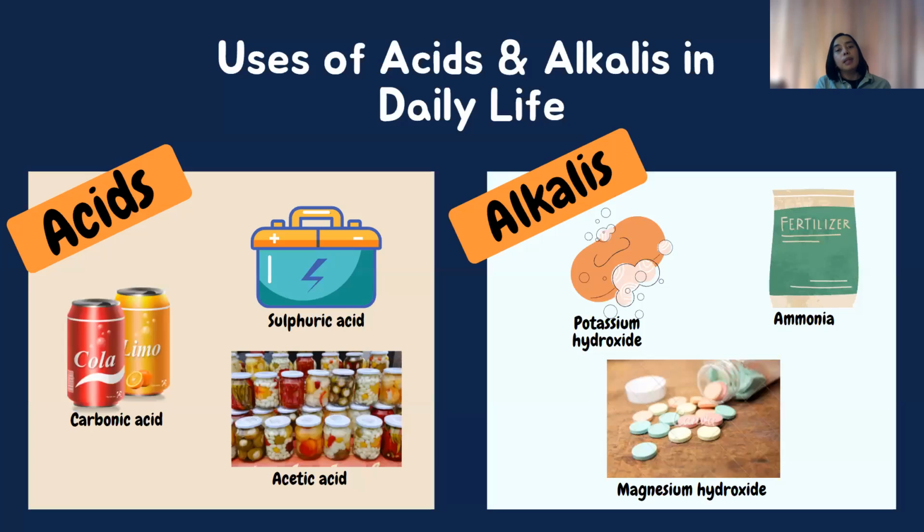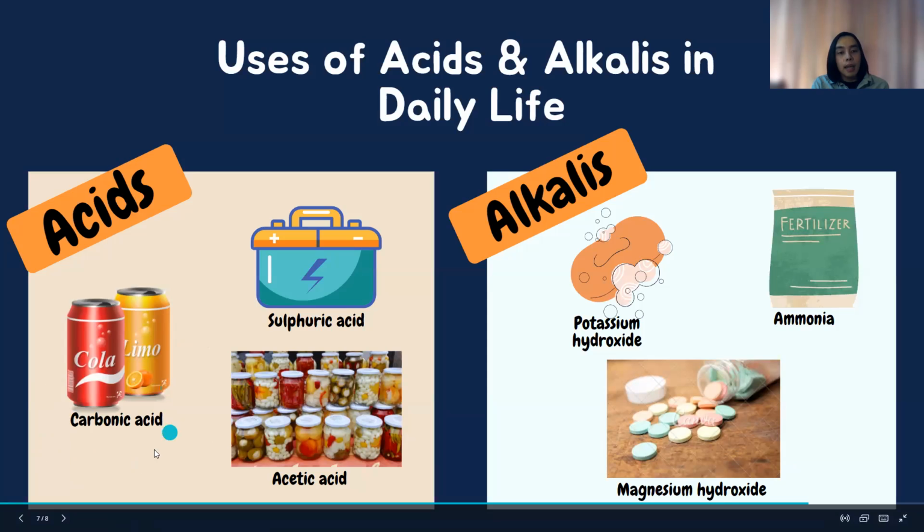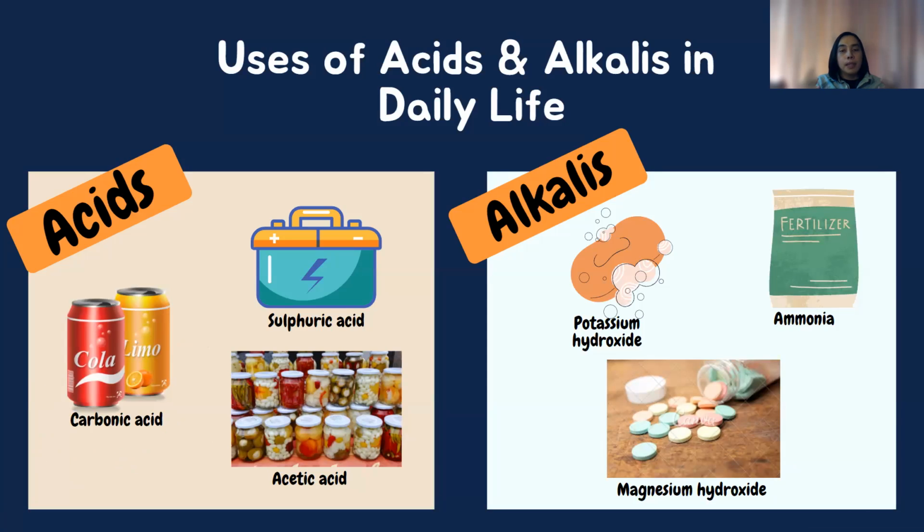And here are some examples of the uses of acids and alkali in our daily life. First we have carbonated drink. It contains carbonic acid, which is produced by the dissolved carbon dioxide in water.